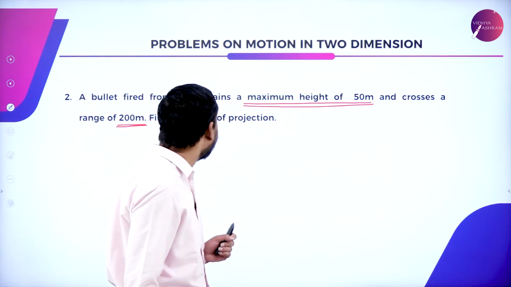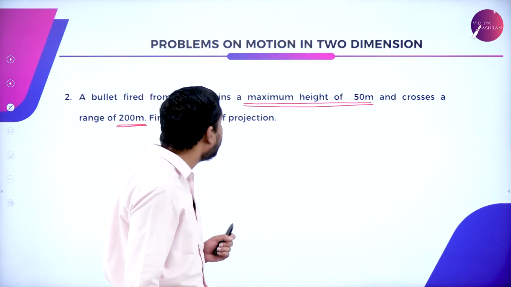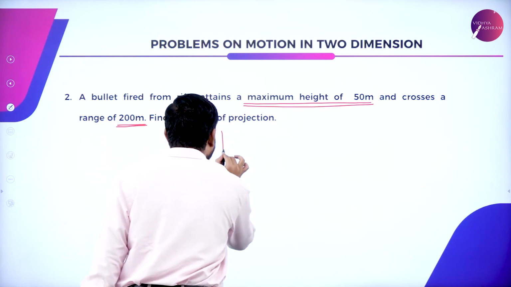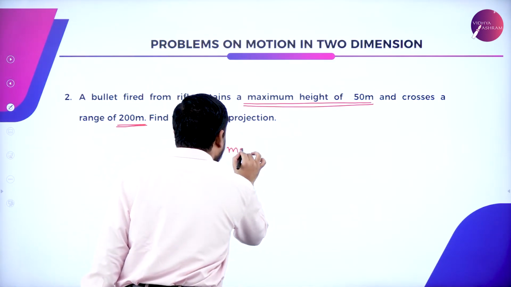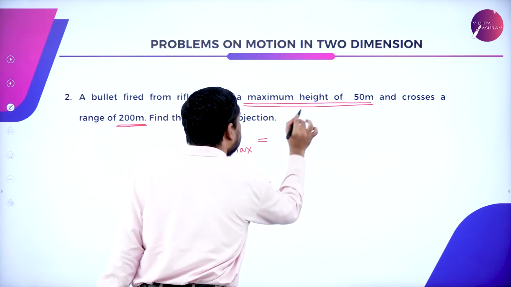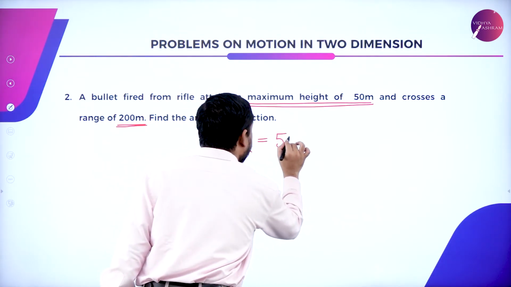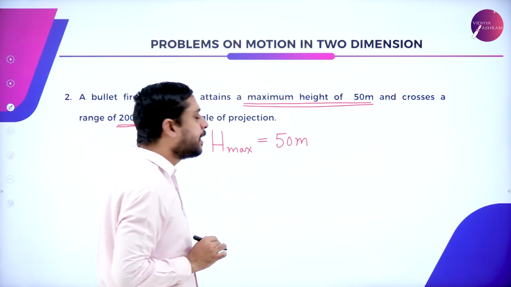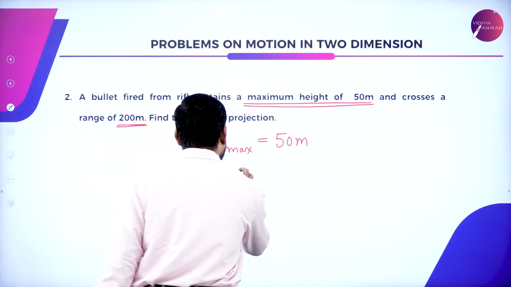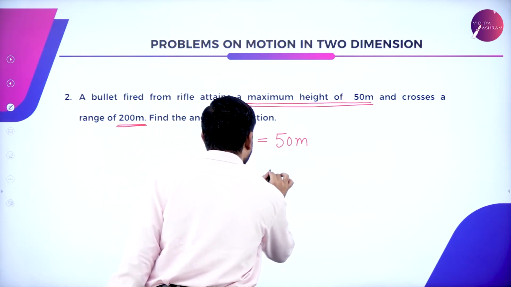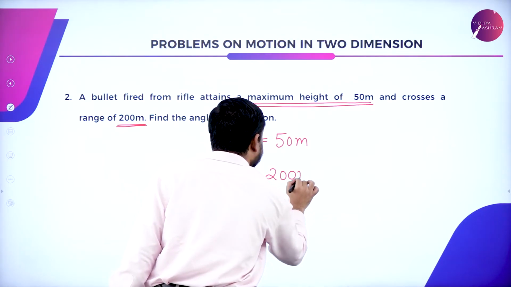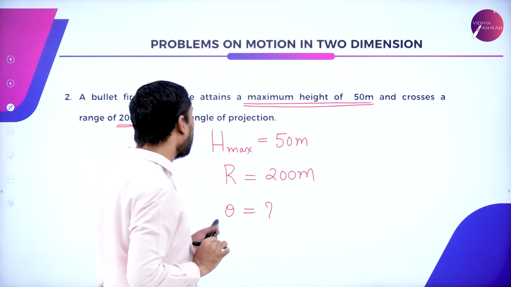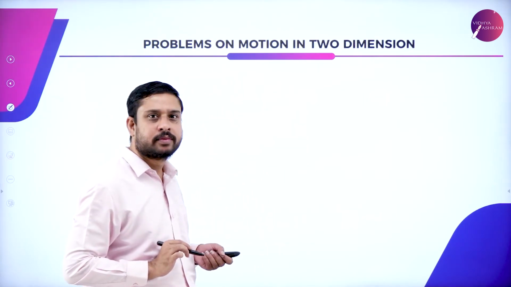I will have to find the angle of projection. So maximum height attained by the bullet is given to be 50 meter and it is crossing a range of 200 meter. I have to calculate the angle of projection.